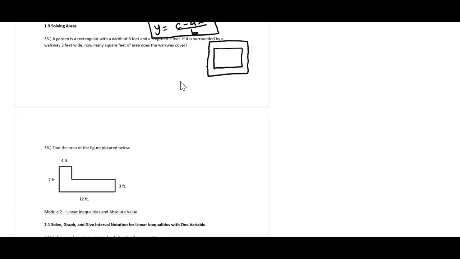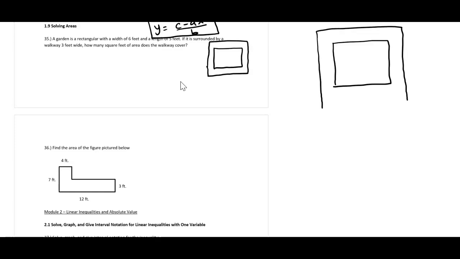Let me draw a picture a little bit bigger over here. We've got this garden, and there's a walkway around the garden. If you're trying to imagine some kind of a picture in your mind, just draw that picture out. It'll make it a lot easier for you to solve this.